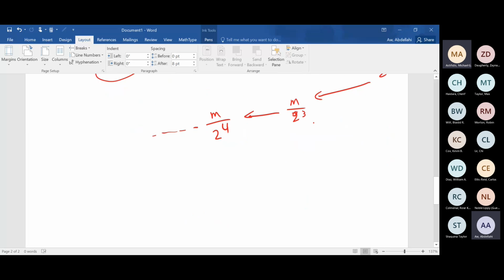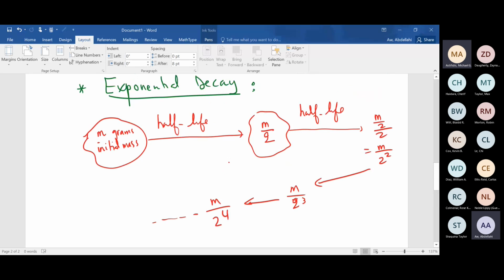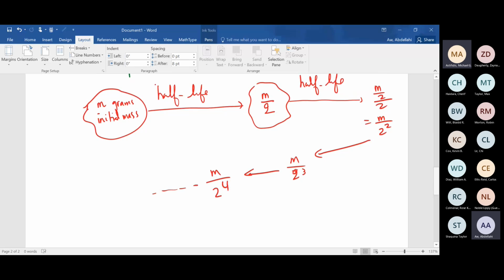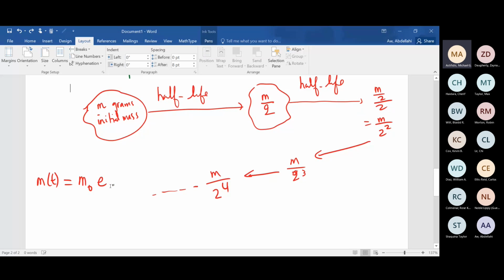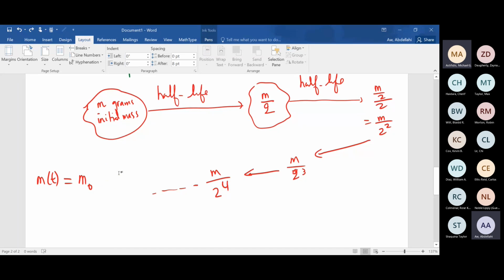So now, in general, we say, with exponential base 2 here, M of t is equal to M0, which is the initial mass, times 2 to the negative t over h.